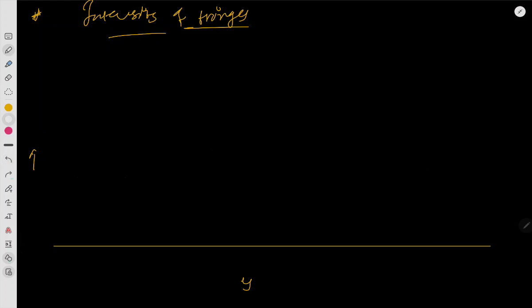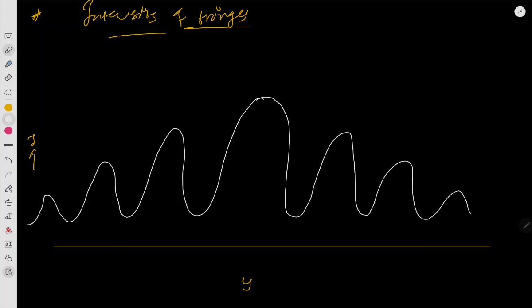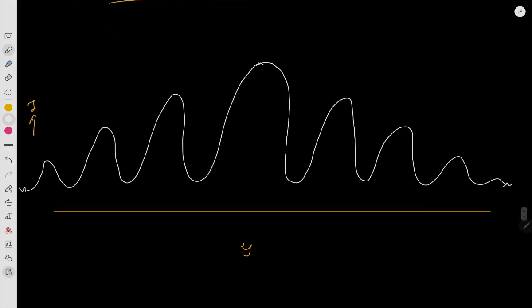I'll redraw it. And it decreases till 0.